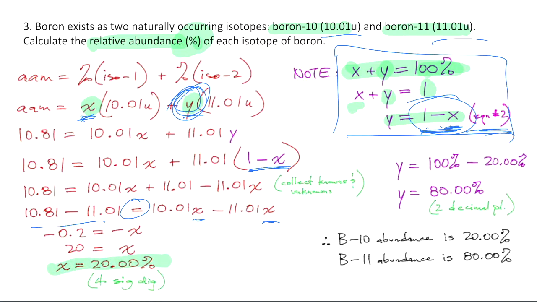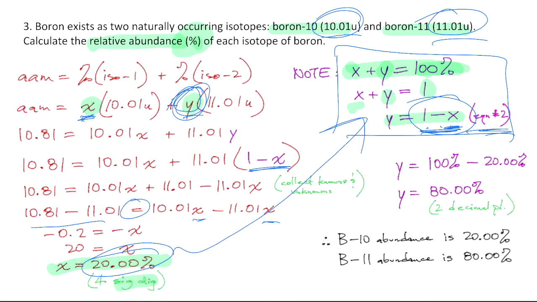Now, because the last step is considered multiplication or division, we want to round based on the least number of significant digits. The least number of significant digits in our question is 4 significant digits. So we want to make sure we have 4 significant digits. We take this value of x and substitute it into this value.